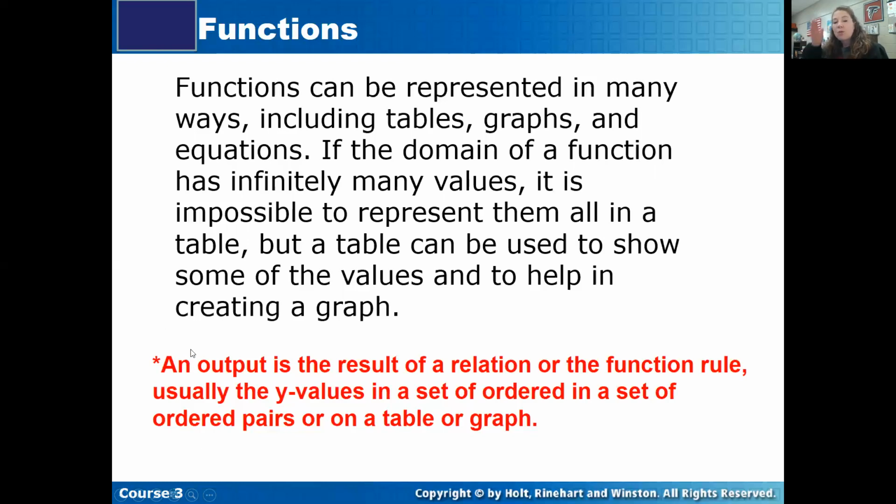An output, or the Y value in an XY table, is the result of a relation or a function rule, usually the Y values, in a set of ordered pairs or on a table or graph.